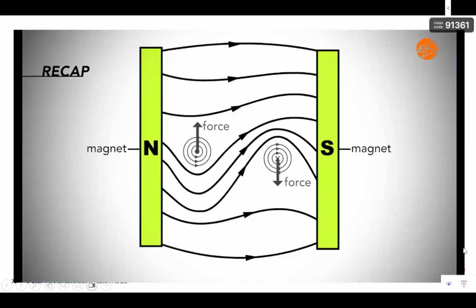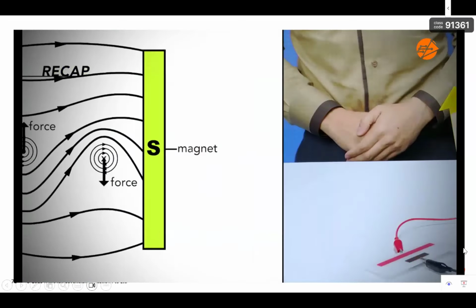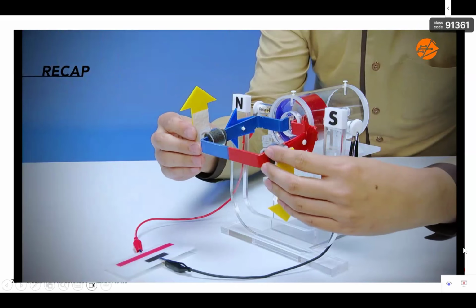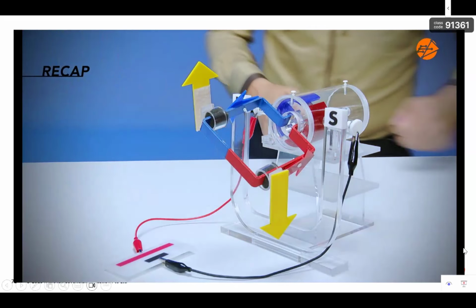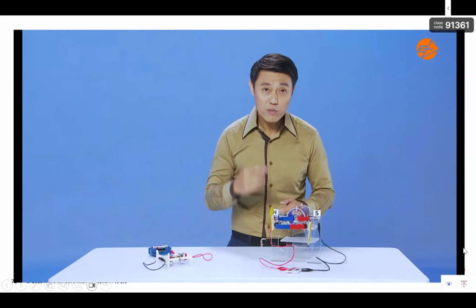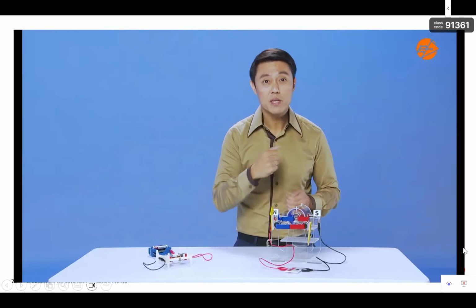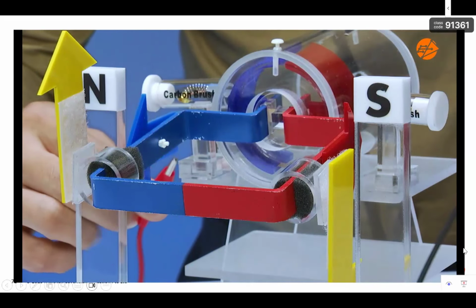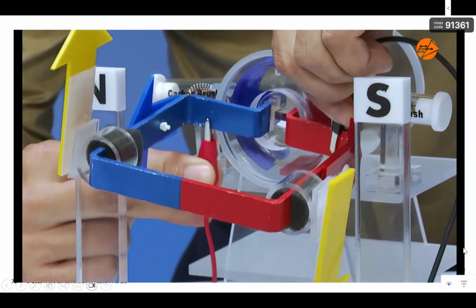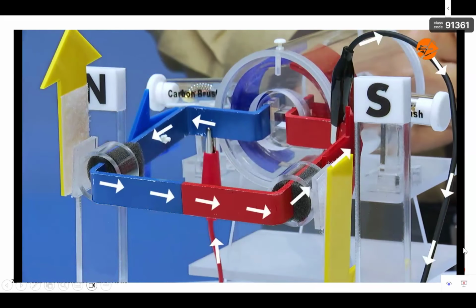As the resultant magnetic forces act from the stronger to weaker magnetic field regions, the turning effect of the coil in the DC motor is produced and causes the coil to turn. Now, we shall focus on the function of the split ring. Let's connect the current supply directly to the coil without the split ring. What do you observe?